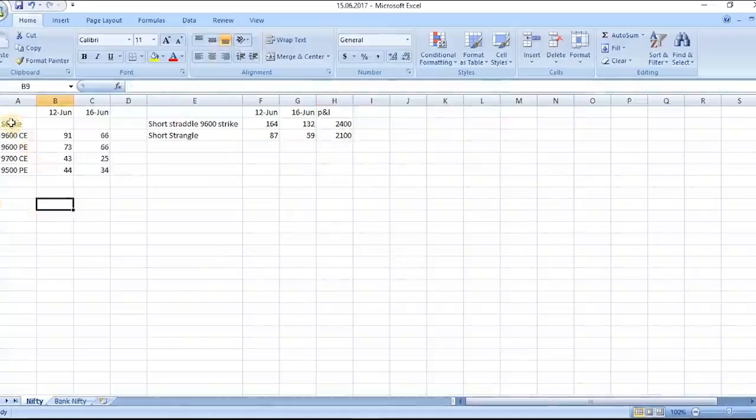Now let us look at the 9600 call, 9600 put, 9700 call, 9700 put in specific, as the market range was very thin and consolidating.